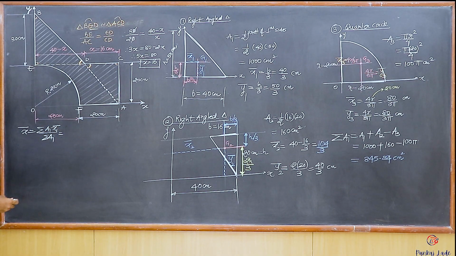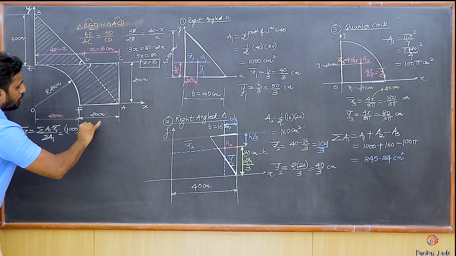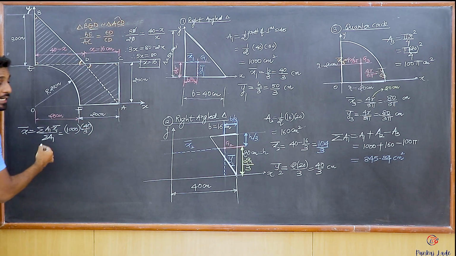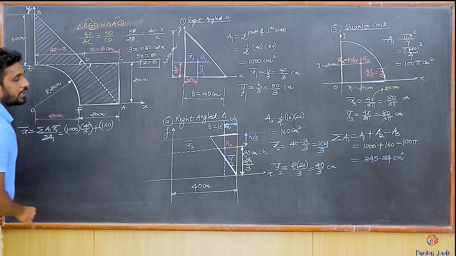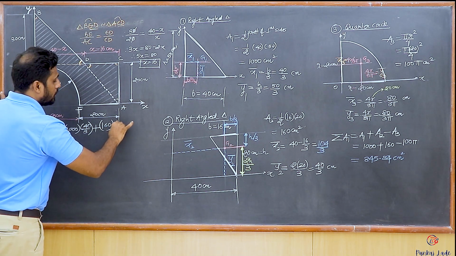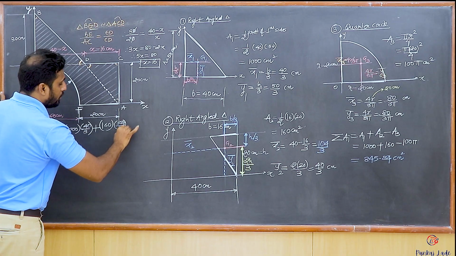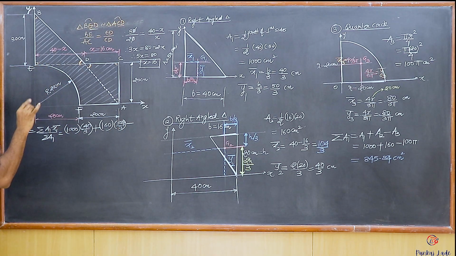So summation of ai xi, so that's a1 into x1. That's 1000 into 40 upon 3, so that's a1 into x1, then plus the second area is 160, isn't it? So 160 into x bar is 104 upon 3, and then minus, because we're going to subtract the third area, so that's 100 pi.